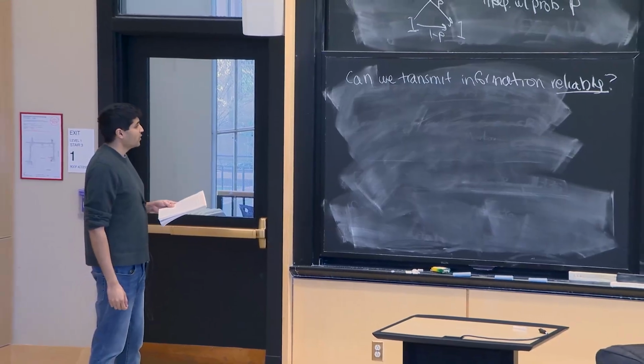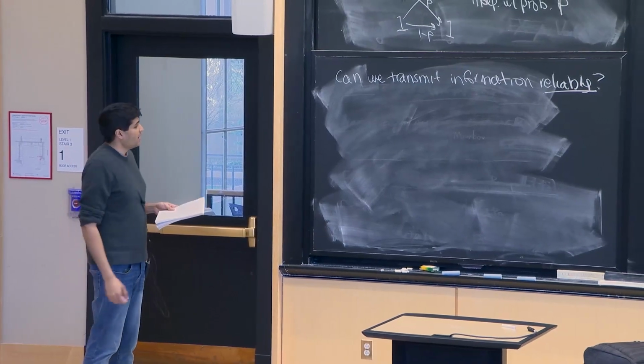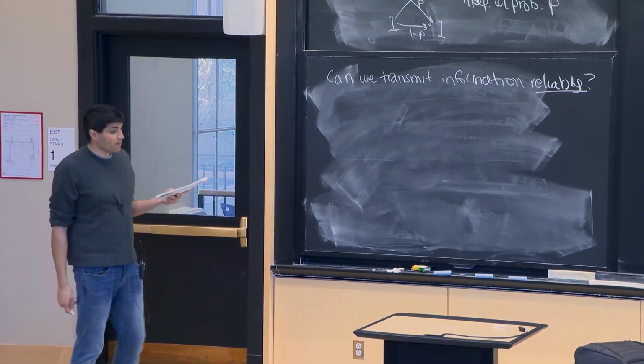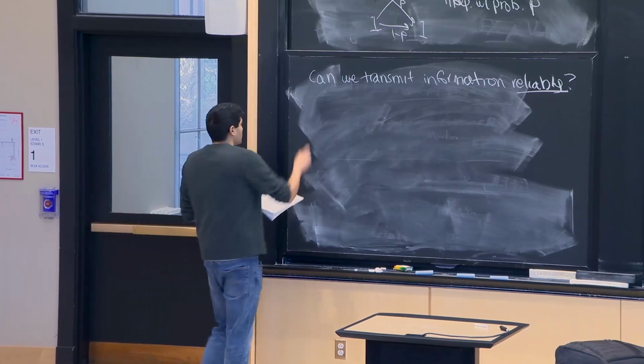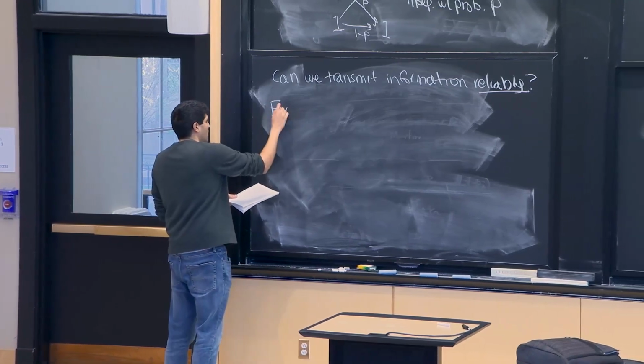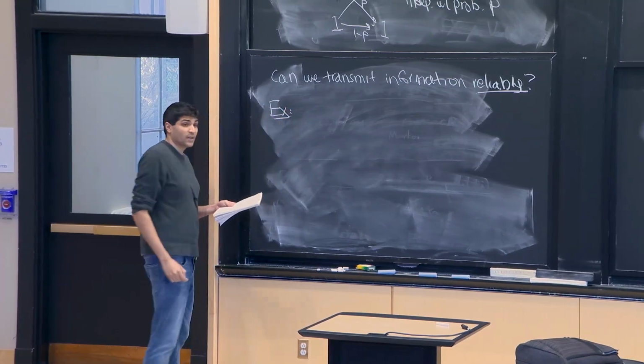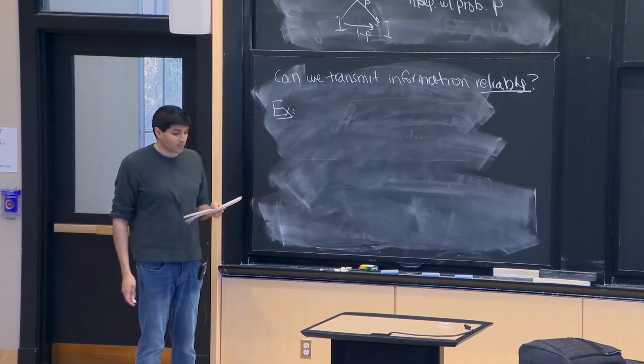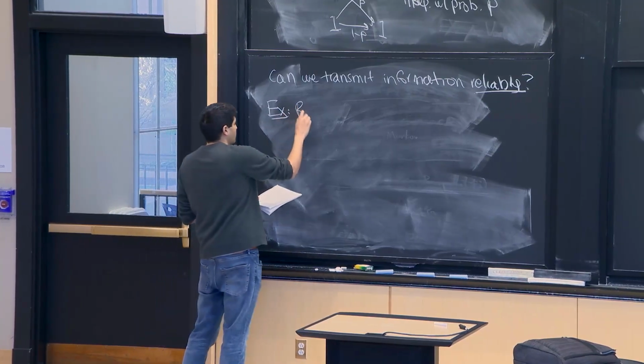So let's think about what this question means with some simple ideas for how to combat the errors. One simple example you can come up with for how to transmit along a noisy channel is to use what are called repetition codes.